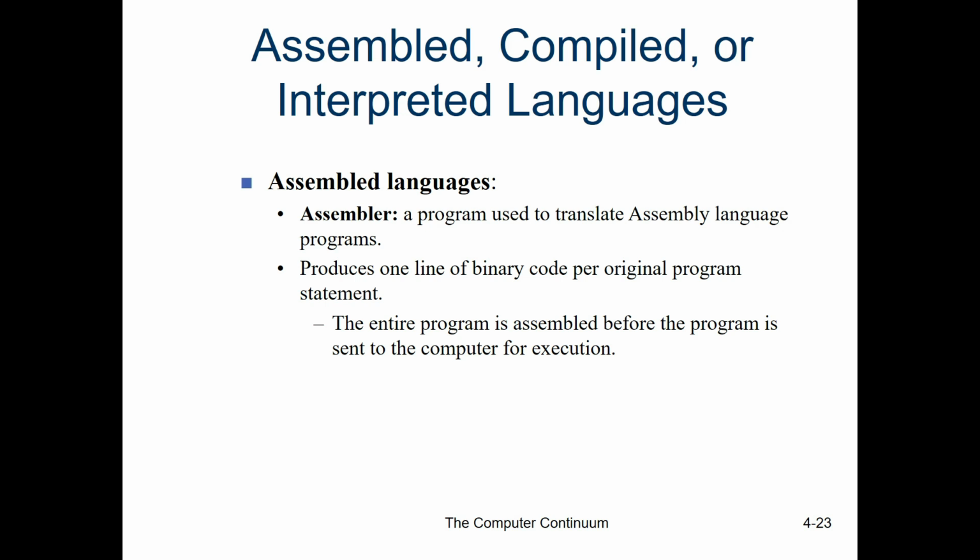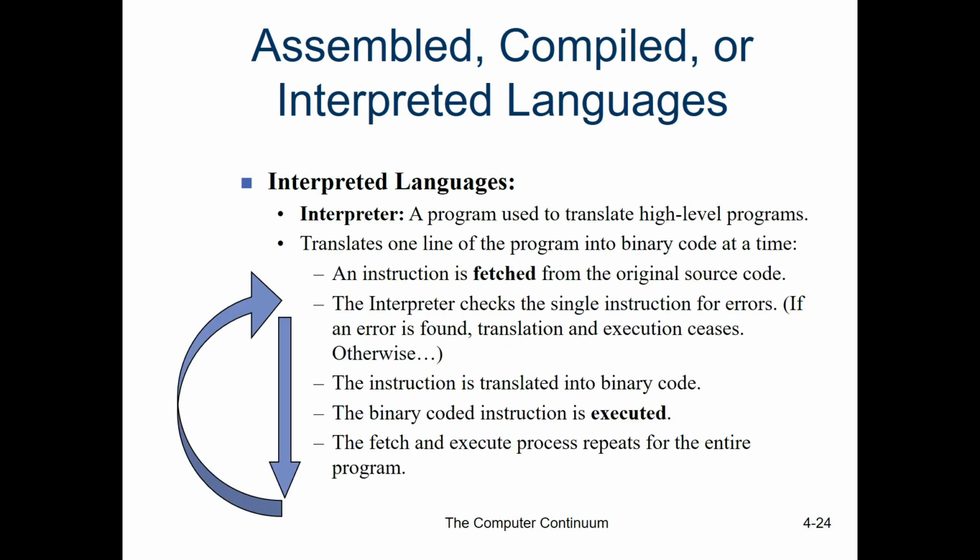For example, you write something in assembly language, it is converted through the assembler to binary executable code before being executed on a computer. Once the assembler does its job, it is sent to the computer for execution. That's how it works.